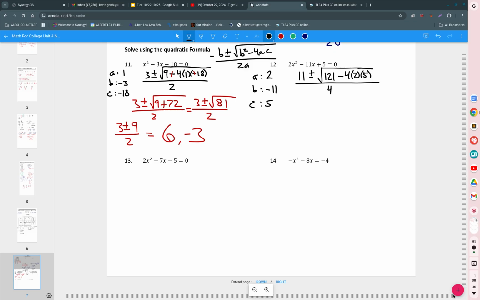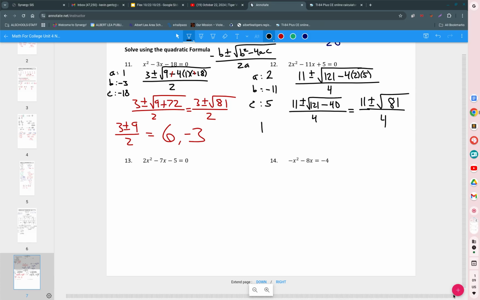How many negative signs do I have underneath the square root? Just 1, so it's going to be subtraction. I have 11 plus or minus the square root of 121 minus 4 times 2 is 8 times 5 is 40. And 121 minus 40 is 81. 81 has a perfect square, just like we saw in the previous problem.